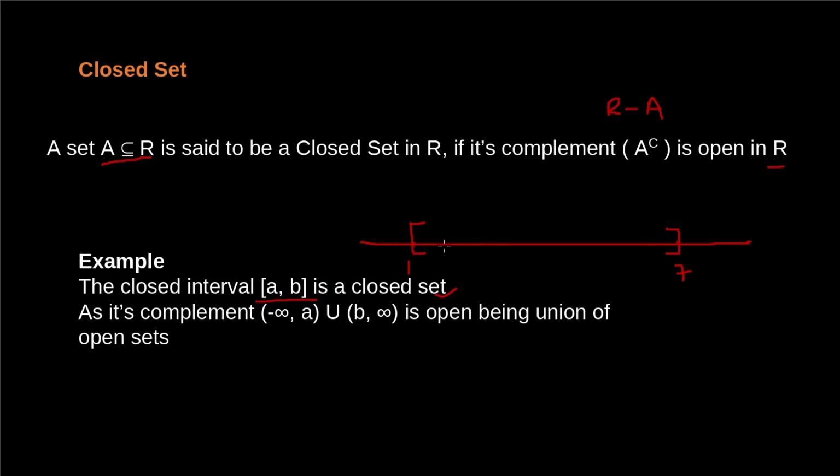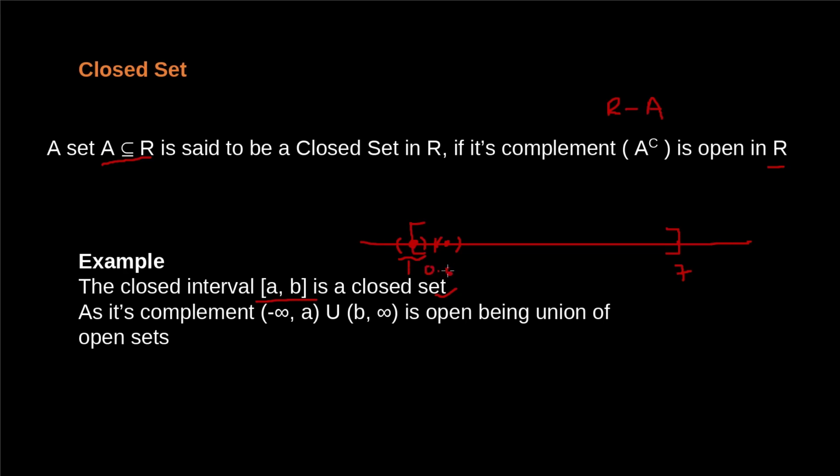For all the points other than 1 and 7, we can always find an open ball which lies inside this set. But since this is a closed interval, 1 and 7, these boundary points, are also its elements, and for these boundary points we cannot find an open interval which completely lies inside this closed interval. So here you can see that I have made an open ball with center 1 and radius 0.5.